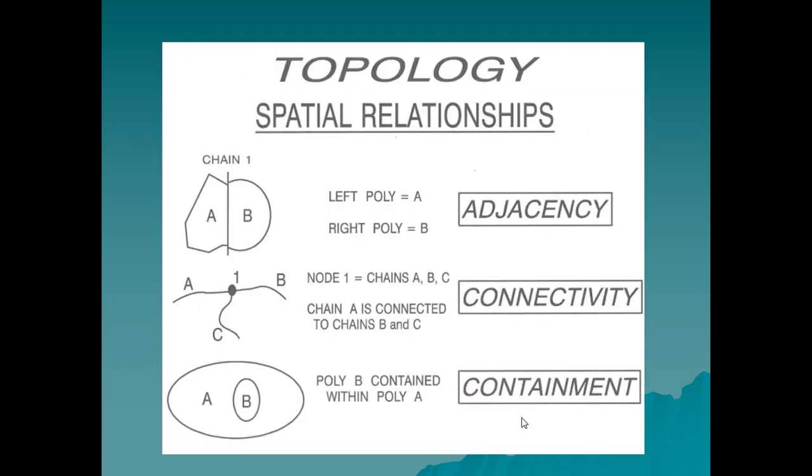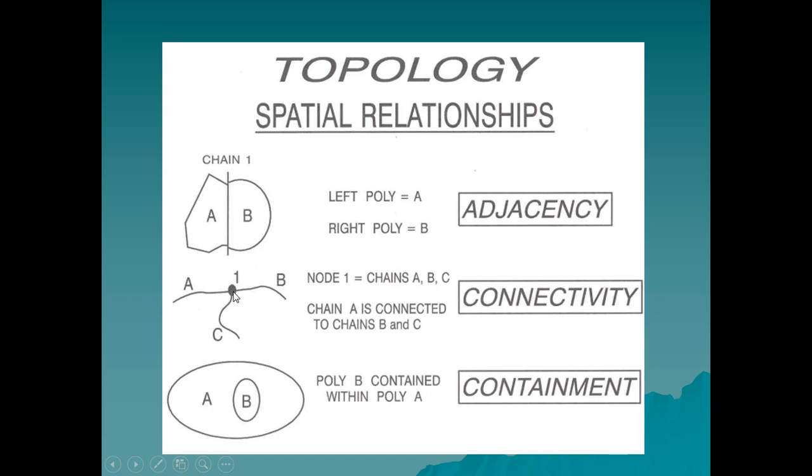So here we have some visuals. We talked about adjacency. Imagine polygon A and polygon B represent your property boundaries. The chain is actually the line. So we see that there is one shared line between A and B. Connectivity: we have three lines. Those are the chains. We have A, B, and C. And note that all three lines are connected by one node.